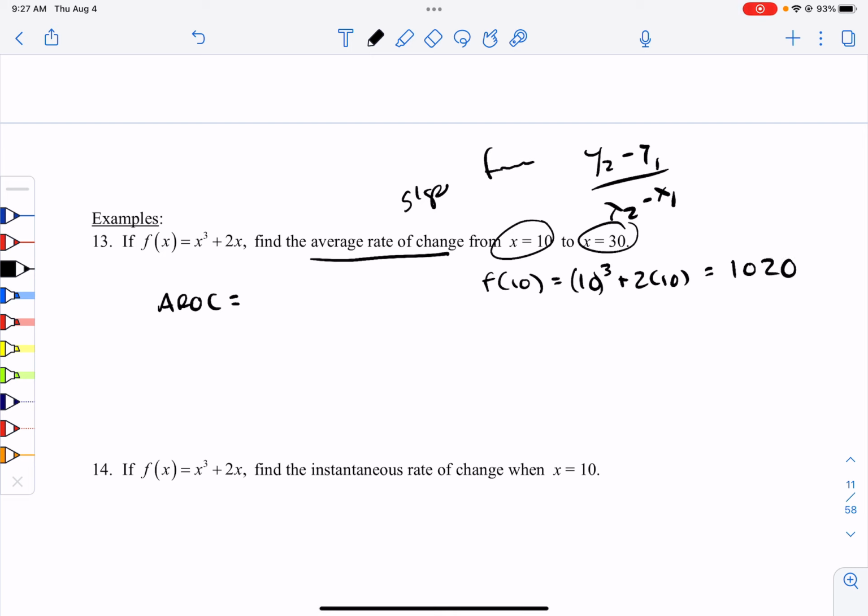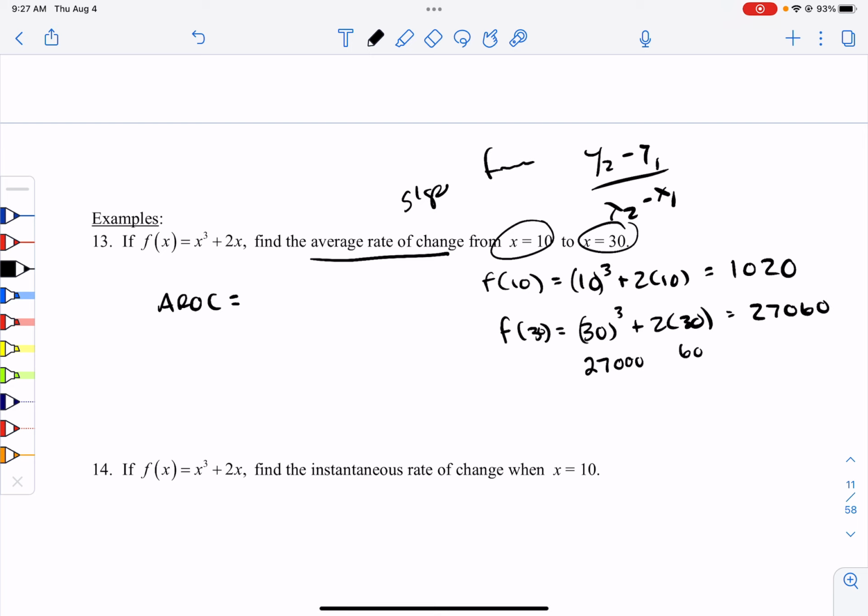You okay with that? Well, I'm moving on anyway. f of 30 equals 30 cubed plus 2 times 30. 30 cubed is going to be what? 27 with 3 zeros, 27,000. This is 60, so that becomes 27,060.